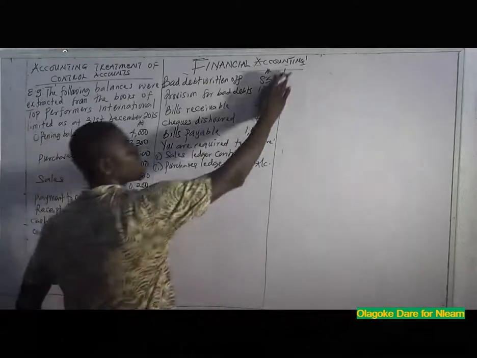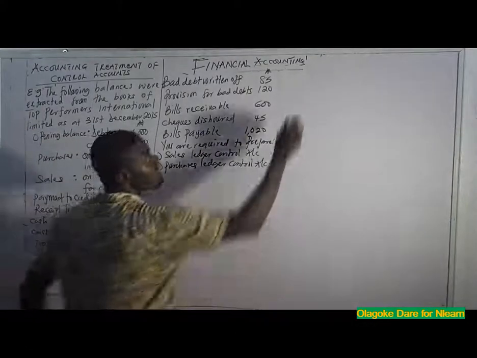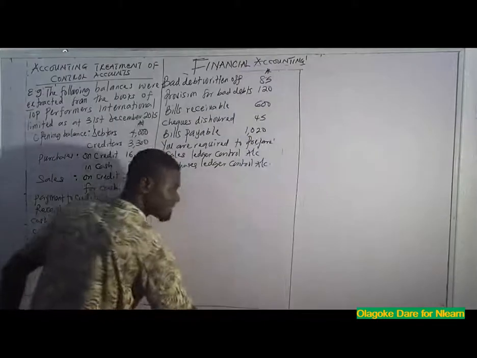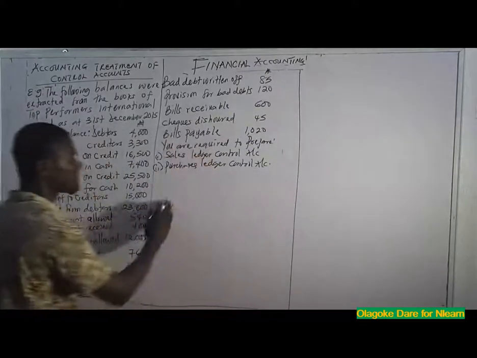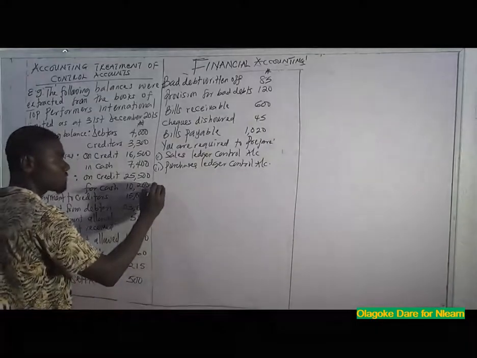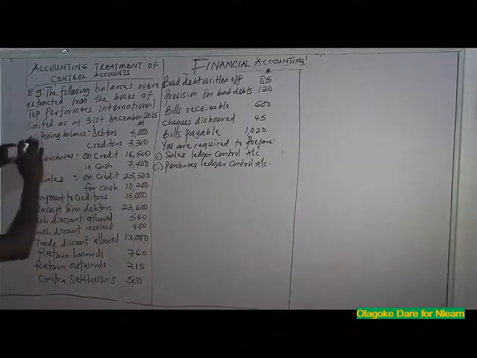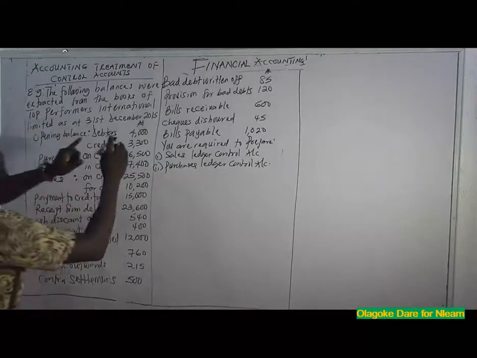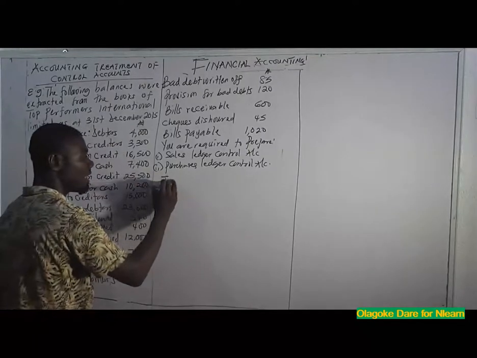Alright, now if you are to start, don't forget your format. Okay, let's start with the first one. What are we preparing the account for? We are preparing the account for Top Performers International Limited.